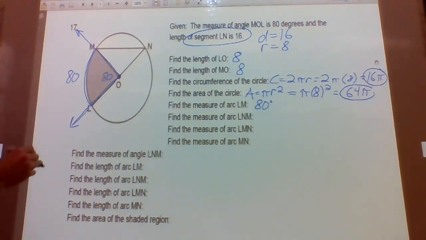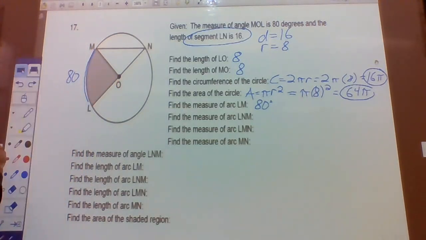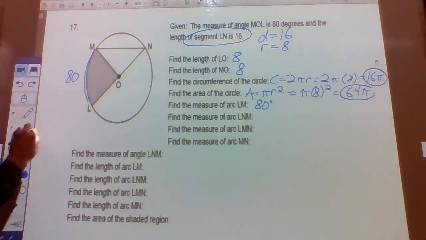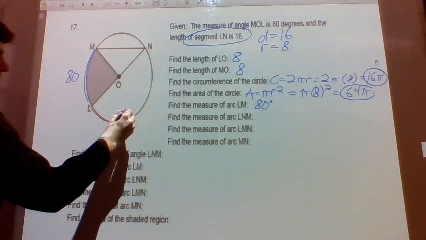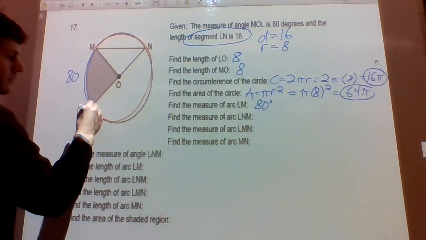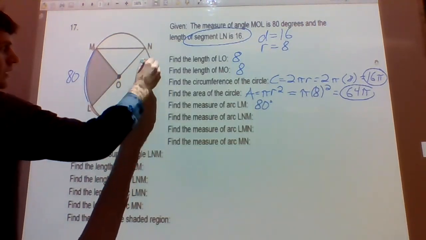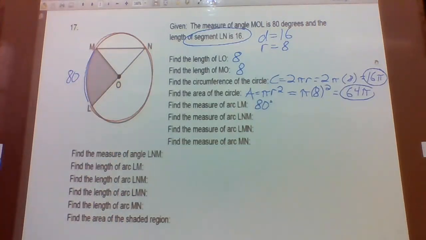The measure of arc L to N through M, or L to M through N, L and M. Well, a couple of different ways we can do it.